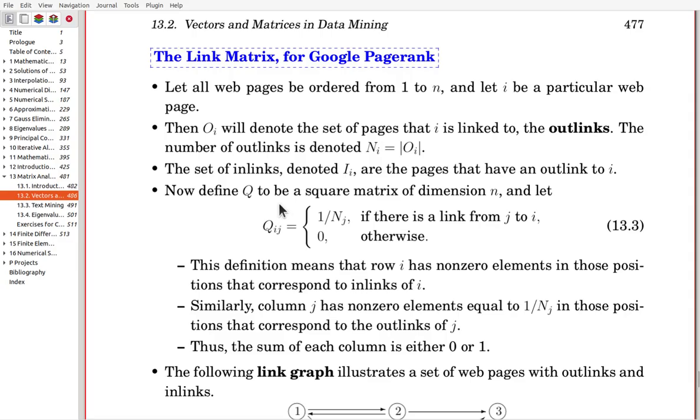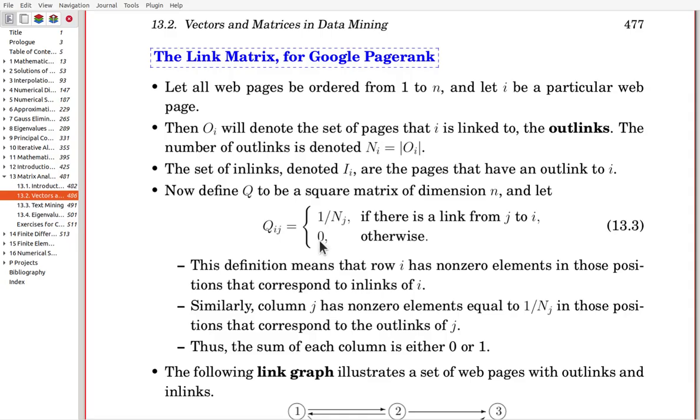Now, denote Q to be the square matrix of dimension n, where if there is a link from j to i, then the entry is 1 over n_j. We consider n_j as, for the jth web page, the number of outlinks. Otherwise it's 0.